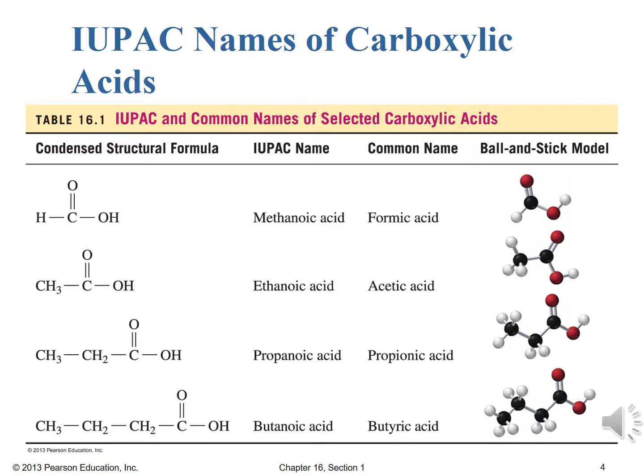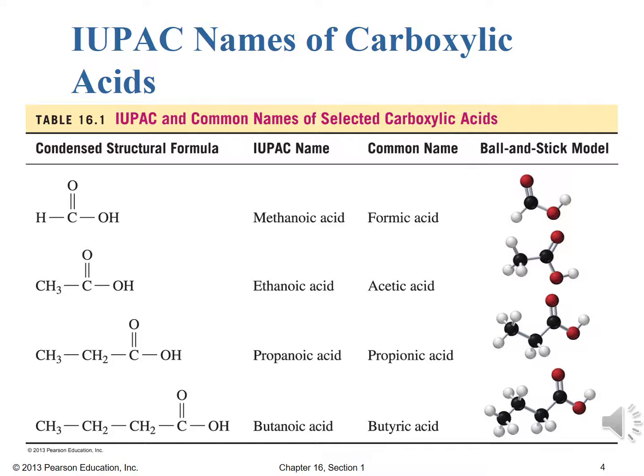Ethanoic acid, again more commonly known as acetic acid, and just like we've seen acetaldehyde, when we have that 2-carbon group, the acet prefix for the common name tends to be more commonly used than the eth prefix for a 2-carbon group.